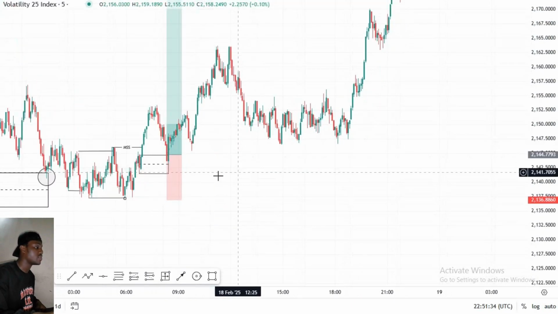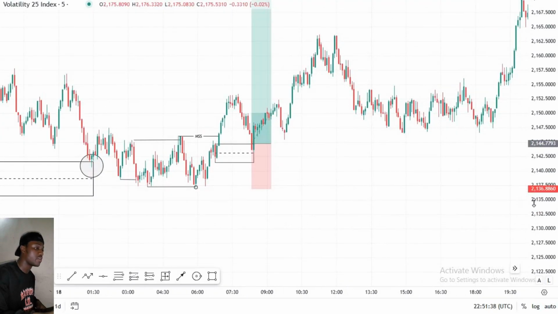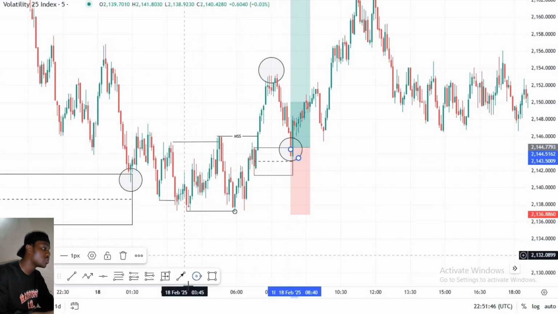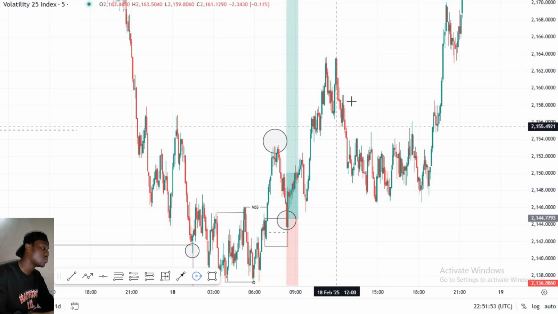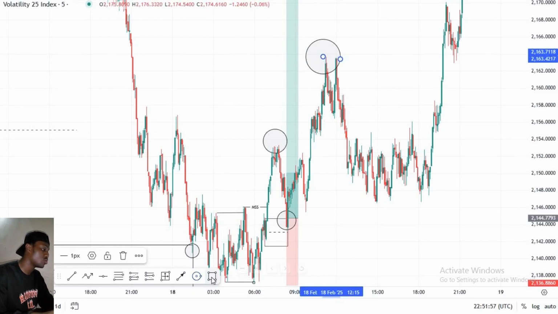And when I see we have a high right here, we have a low that we got mitigated from, and we got another high. But this is another low. We should consider this low also.